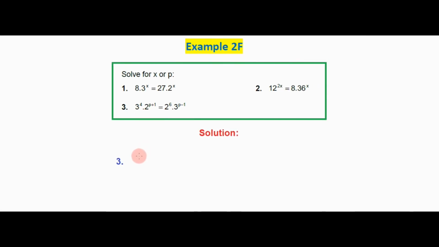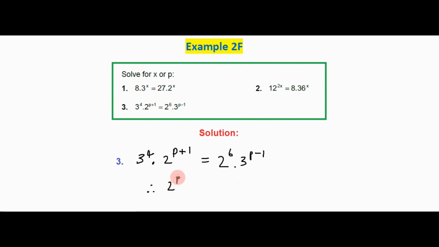In the third equation here, we have 3 to the 4 times 2 to the p plus 1 equals 2 to the 6 times 3 to the p minus 1. Once again, we can use cross division. So we can divide the 3 to the p minus 1 into the left-hand side.